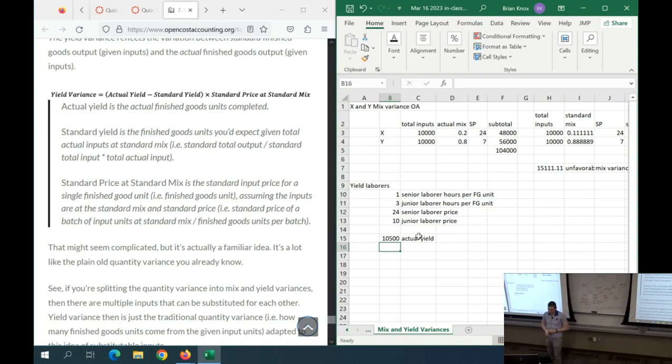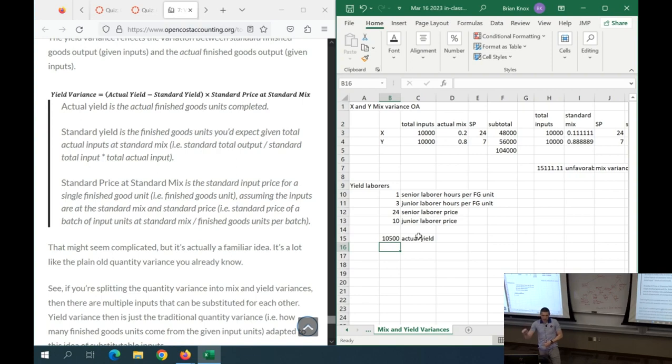So instead of saying, given 100 units of finished goods production, we use this quantity of inputs, direct materials or direct labor, we have switched that around and said, given 1,000 units of direct materials or direct labor, we yielded this amount of finished goods.